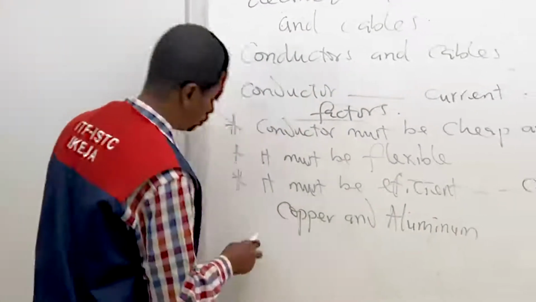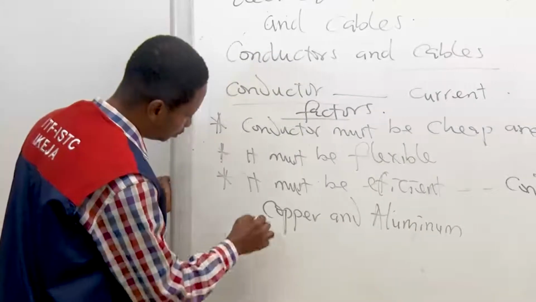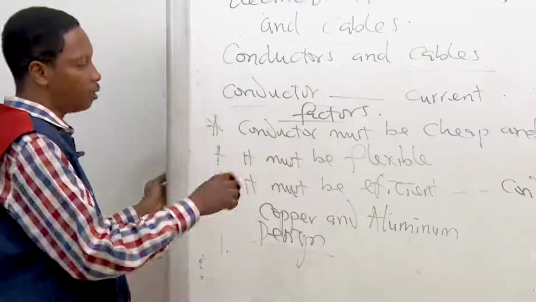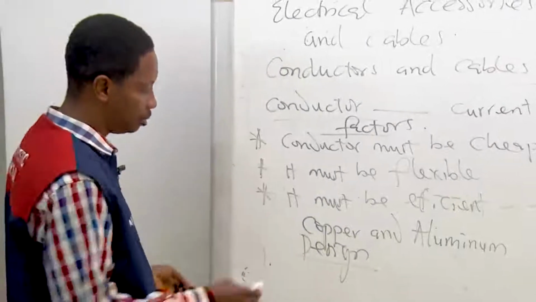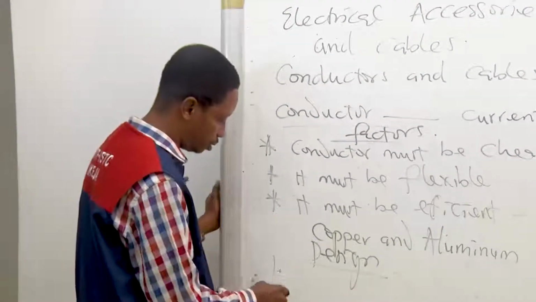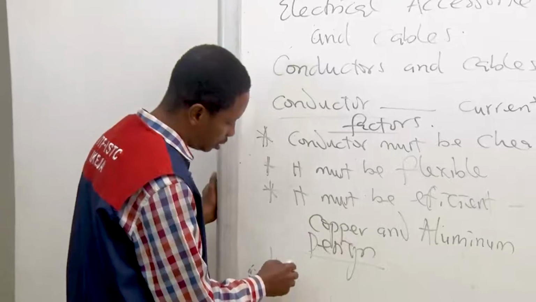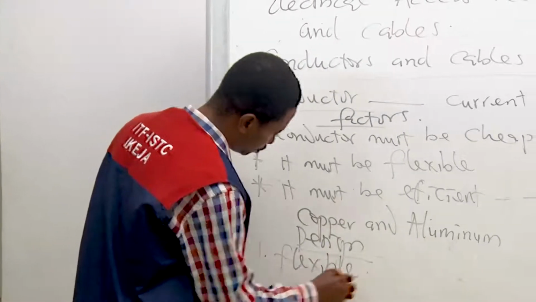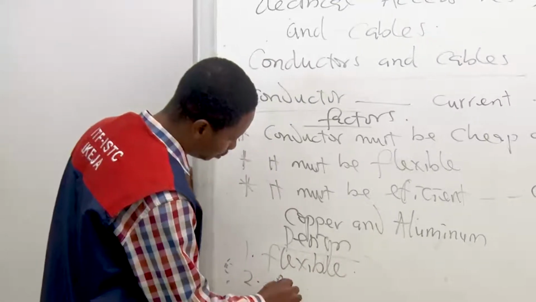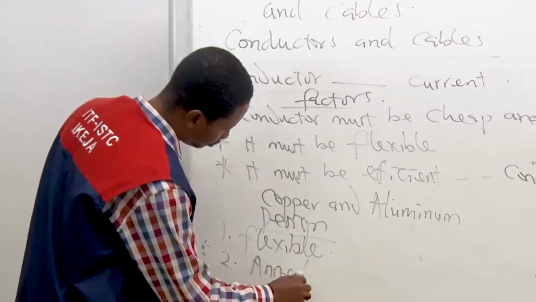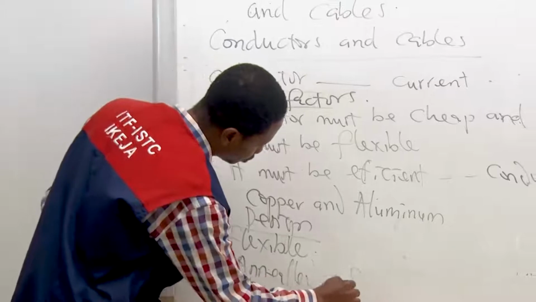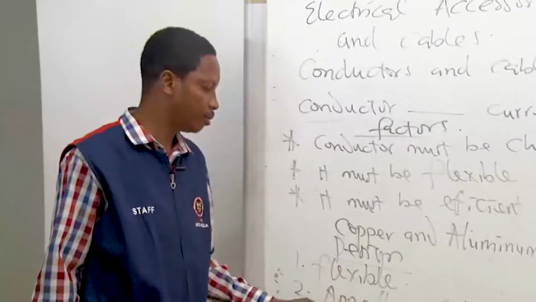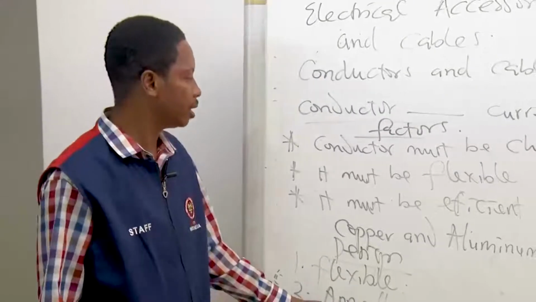Let me start with the design of copper. Number one, it can be flexible or annealed, which is solid. Flexible or annealed.